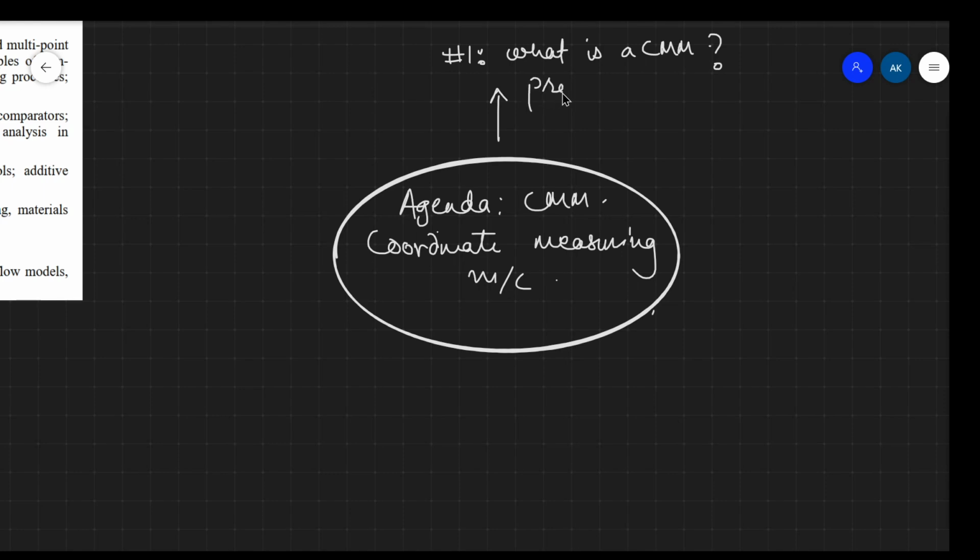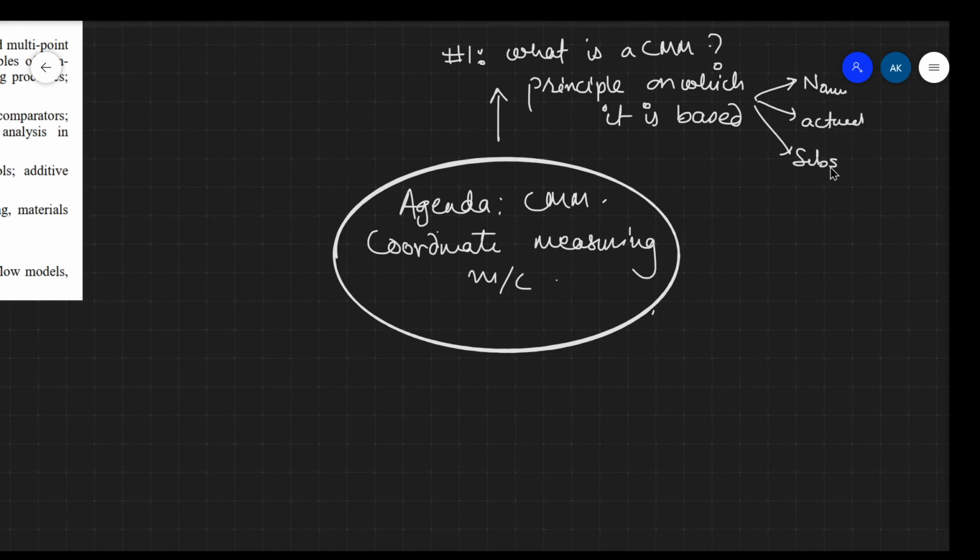What is the principle on which it is based? For this there are three small terms I will talk about, which are nominal shape, actual shape, and substitute shape.